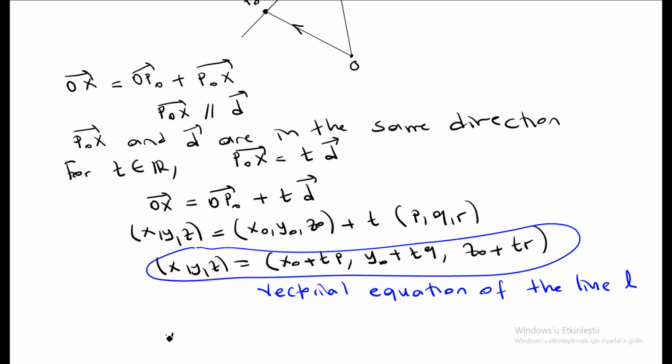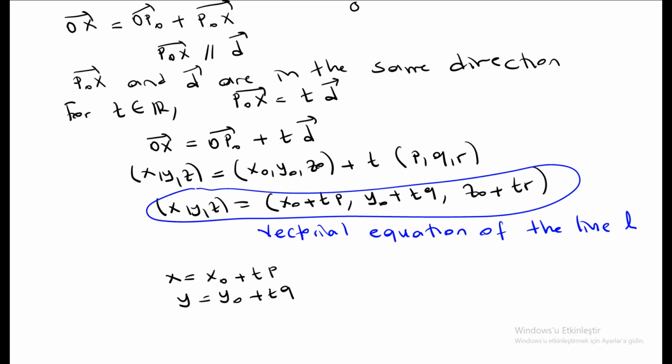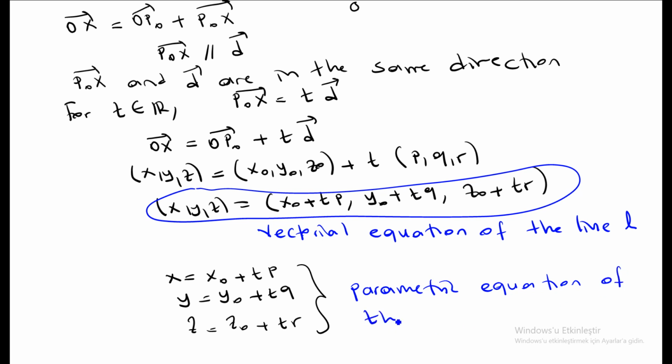X equals X sub 0 plus T times P. Y equals Y sub 0 plus T times Q. And Z equals Z sub 0 plus T times R. So this one is called parametric equation of line L.